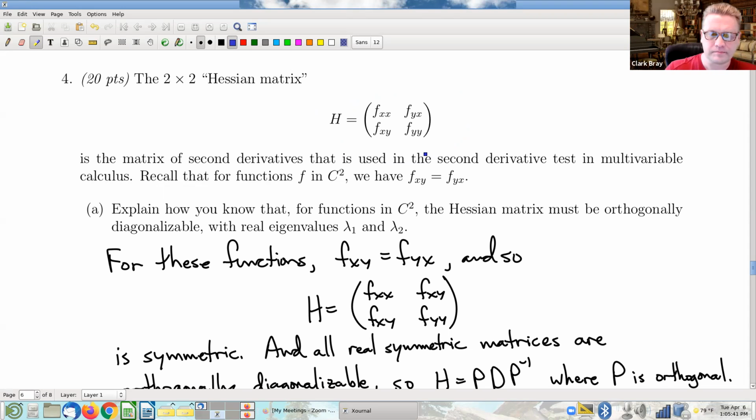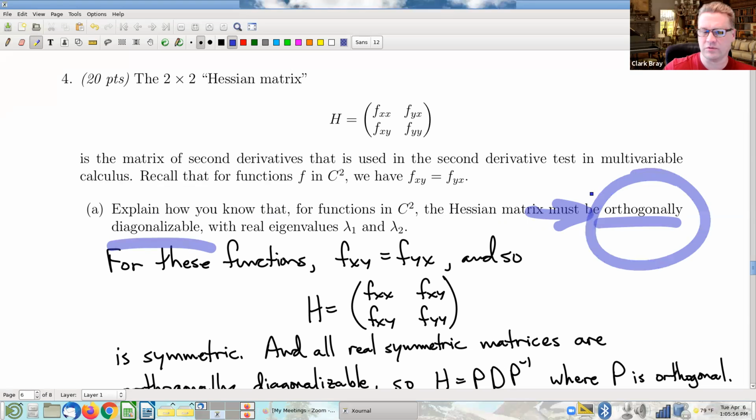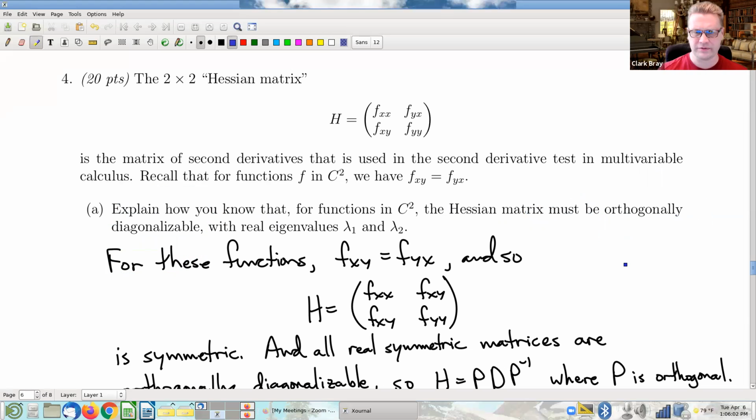So how do we know that this Hessian matrix must be orthogonally diagonalizable? Well, strategically, if we want to show that something is orthogonally diagonalizable, we really only have one such theorem, and that is the case for real symmetric matrices.